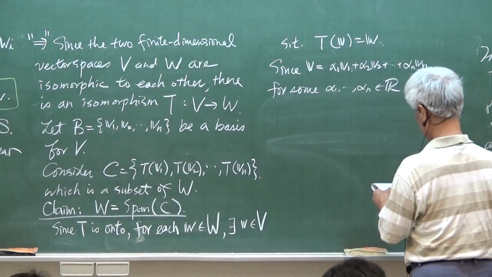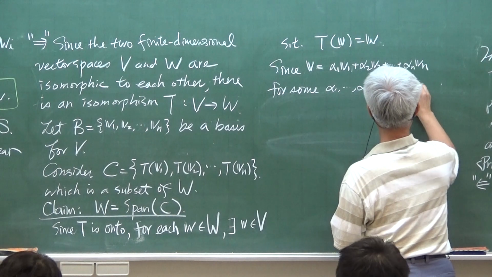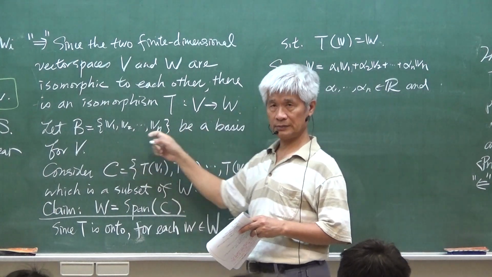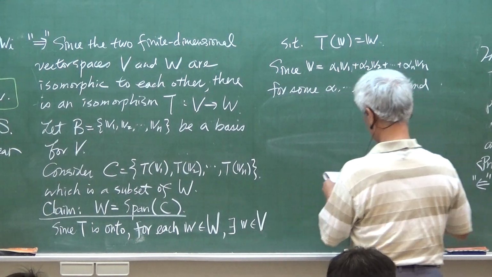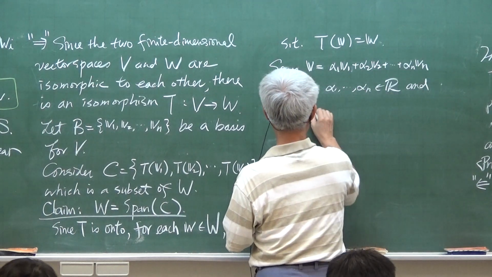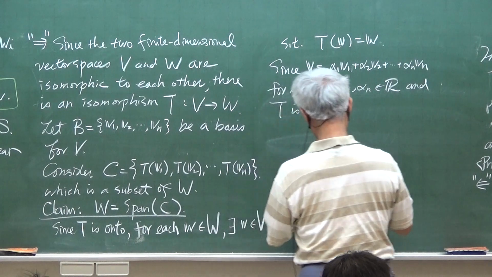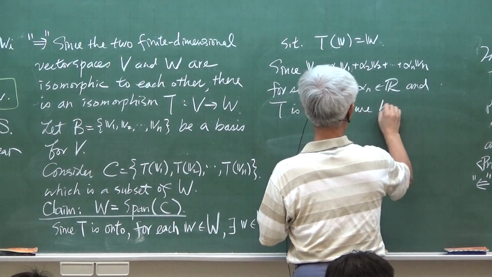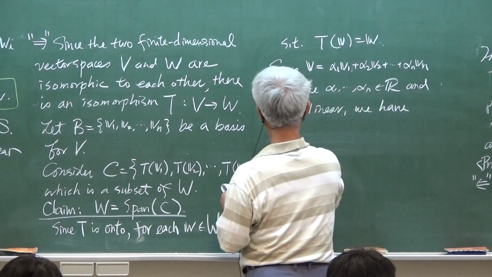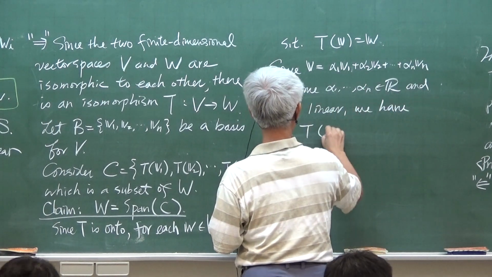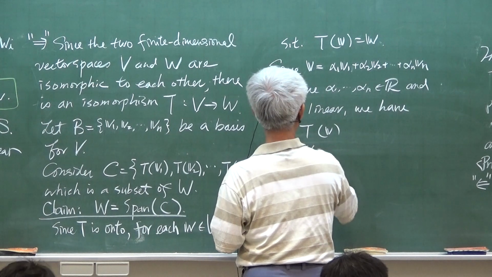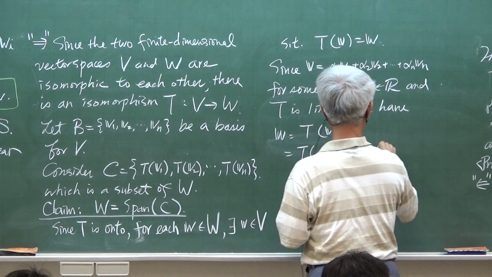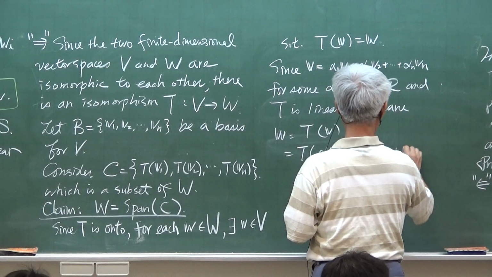And the T is linear, so we have w equal to T v, which is T of alpha 1 V1 plus alpha 2 V2 plus alpha n Vn.